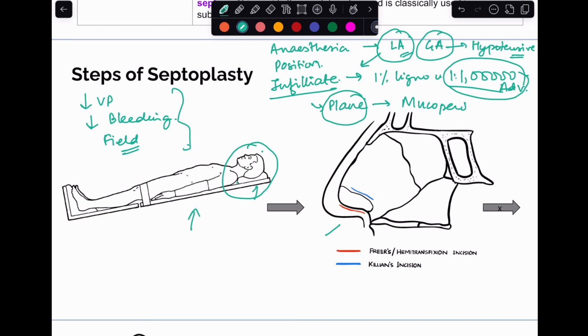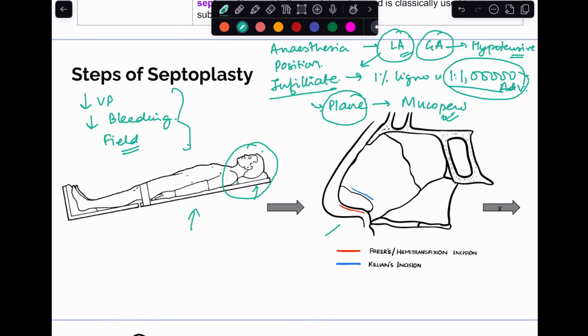And how will you know that the correct plane infiltration has been done? You will see when you infiltrate that there will be blanching of the nasal mucosa. So this is why you should be infiltrating in this particular plane. Your flap elevation later in the surgery will become much easier.